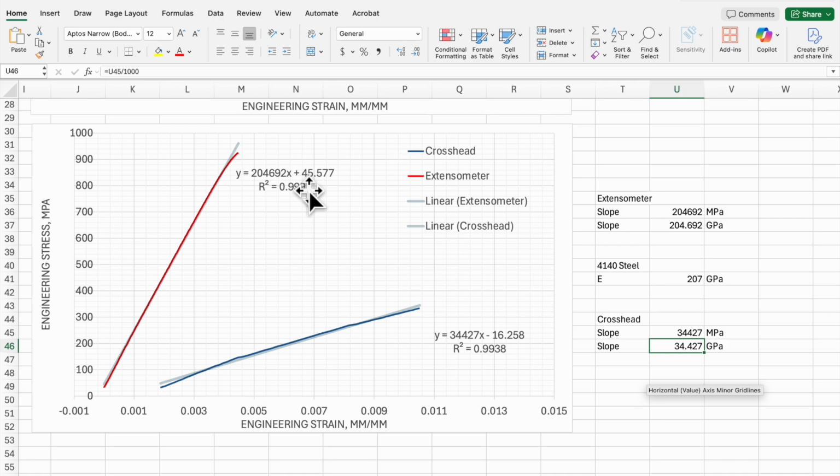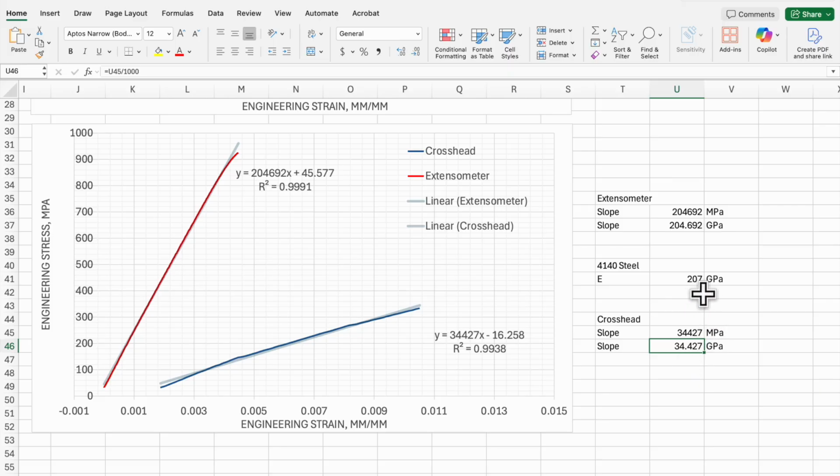Hopefully what this is showing you is that using an extensometer or not is one of the big reasons we can get drastic differences. If you've looked at everything else, if you're good with your units, if all your equations look correct, if you've plotted everything, if you've done your linear regressions fine, then the difference in your setup between having an extensometer and not having one might be that difference between 205 compared to 207, or 34 compared to 207.